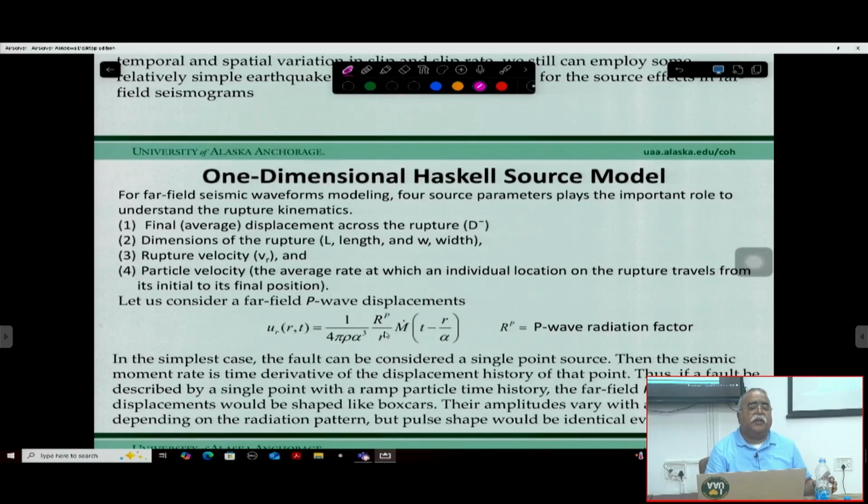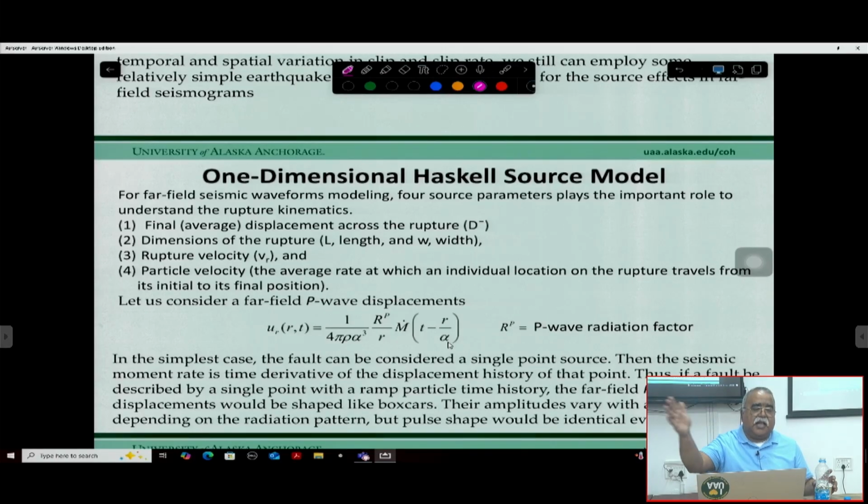Then M dot at t minus R by alpha. Here t is the time at which this displacement pulse is calculated, but this M dot has been generated R by alpha time before t, right?